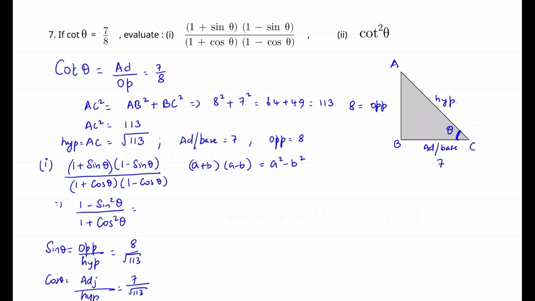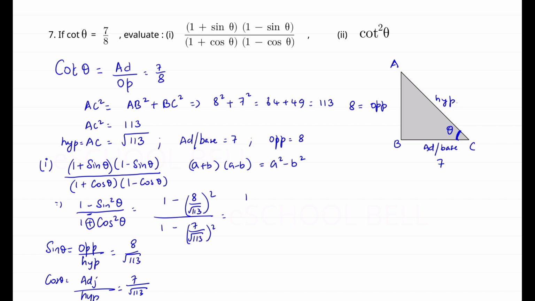Okay. Now, we will substitute that here. 1 minus 8 by root 113 the whole square divided by, it's not plus, this is minus, 1 minus 7 by root 113 the whole square.